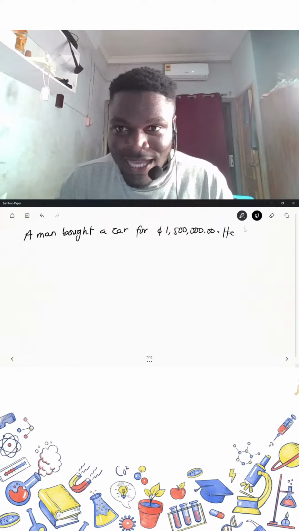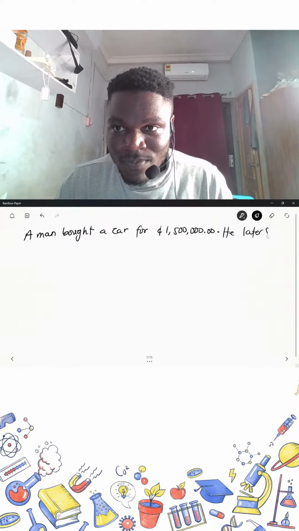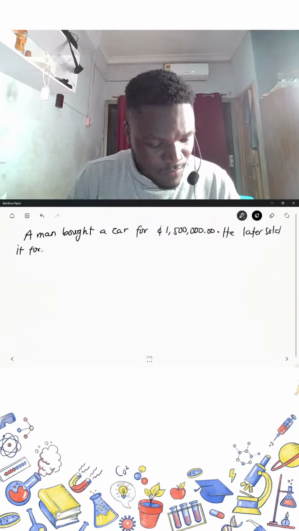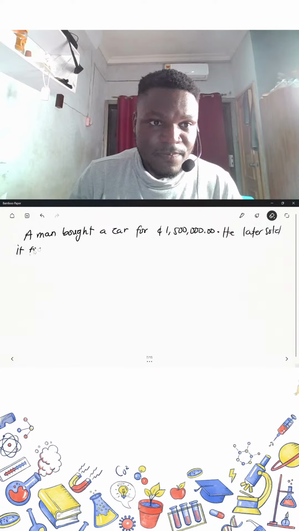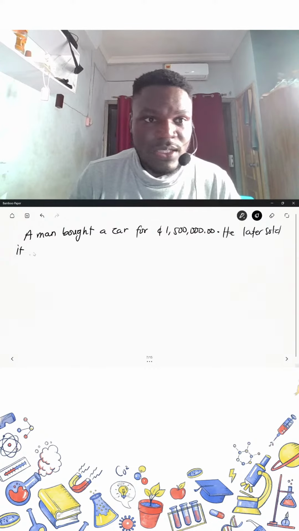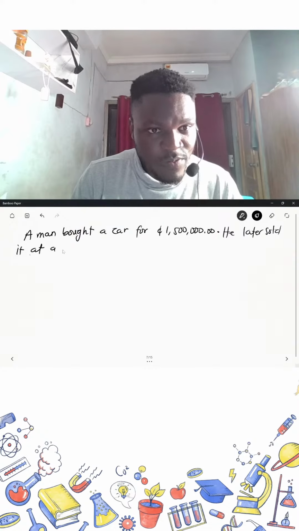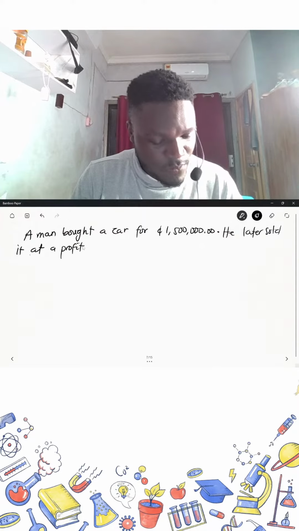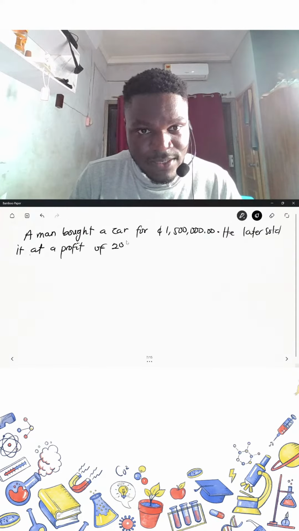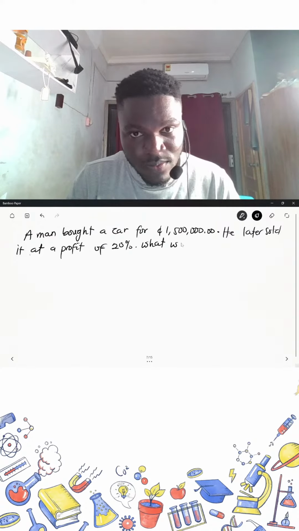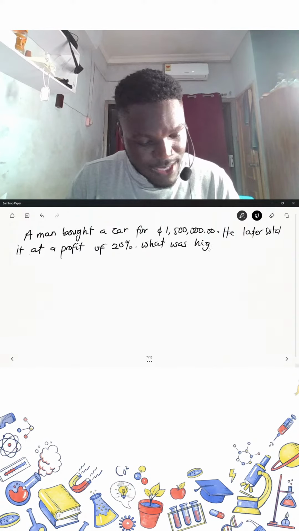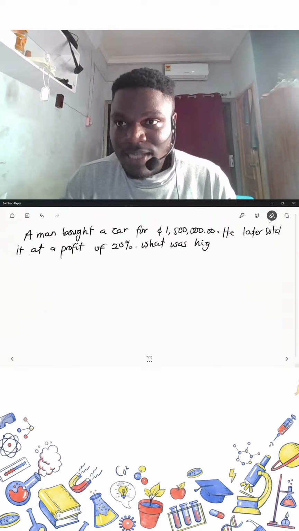So he later sold it at a profit of 20%. What was his selling price? What was his selling price?